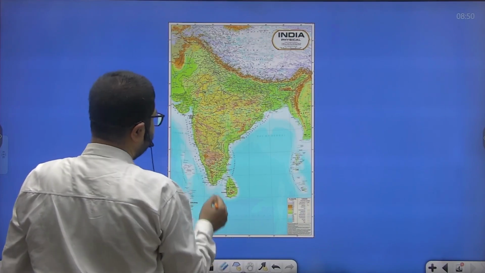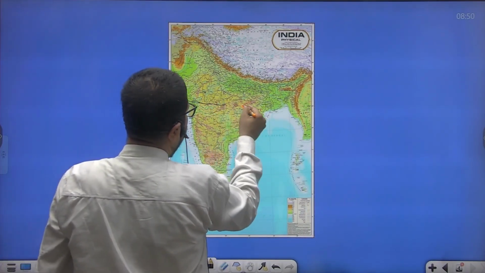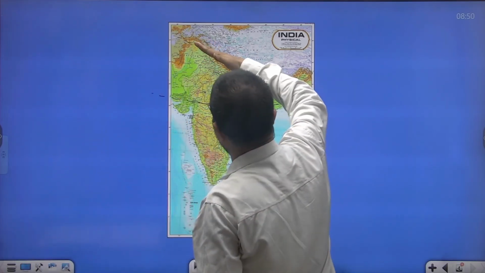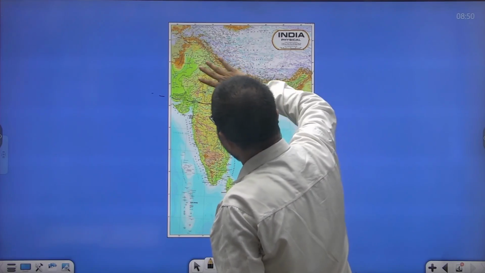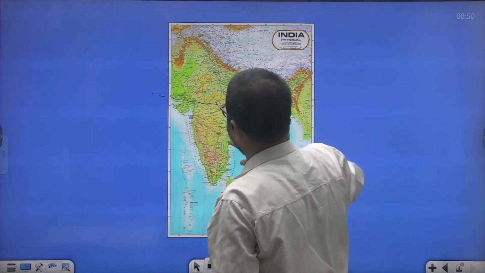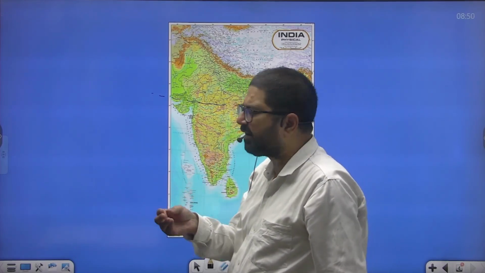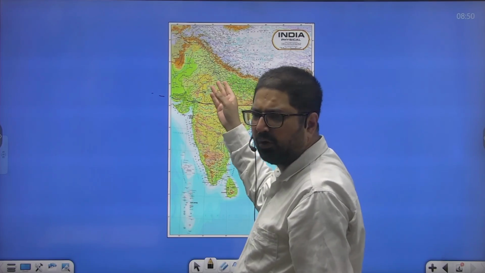But because of the Himalayas in the north, the entire country is having warm climate for most part of the year. Except 2-3 months in winter, the northern part is having cool climate.